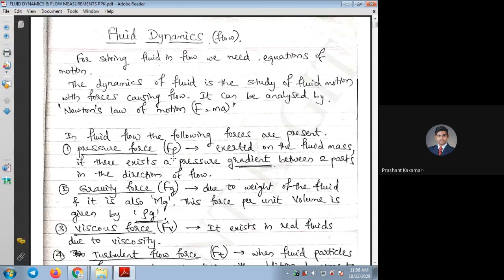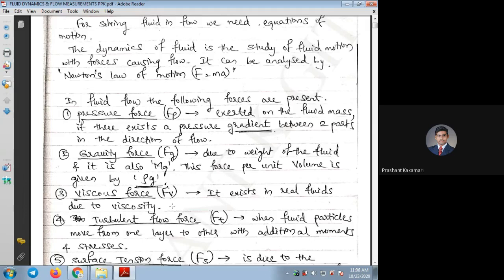You can see the notation of these forces: Fp is the pressure force, Fg is the gravitational force, and Fv is the viscous force. Then there is the force due to change of type of flow, which we discussed with the Reynolds number, turbulent or laminar flow.